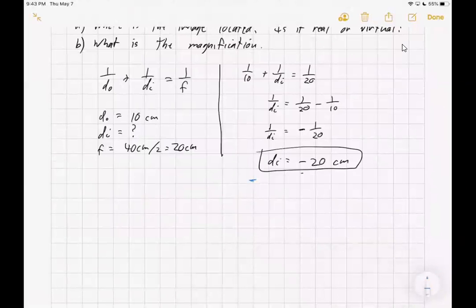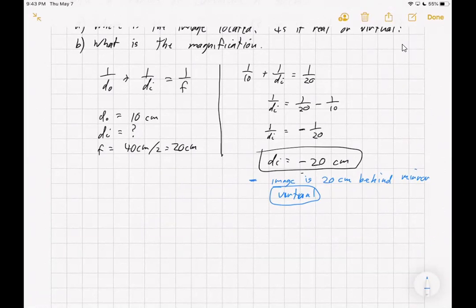So the minus sign means the image is 20 centimeters behind the mirror, and it is virtual. A negative image length means you have a virtual image.